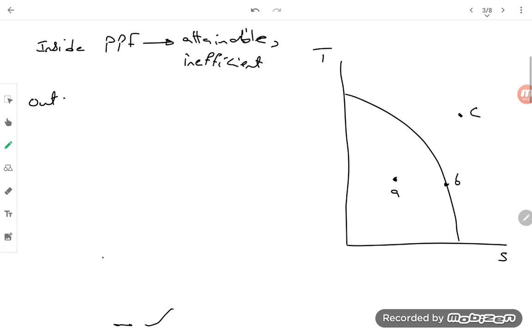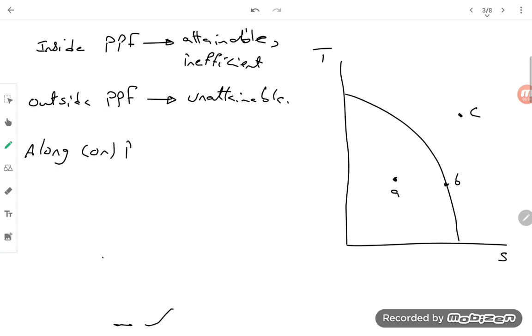While any point outside PPF is unattainable. And with respect to a point on PPF, just like point B, it is attainable and efficient as all resources are fully utilized.